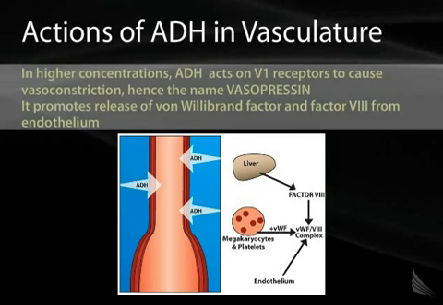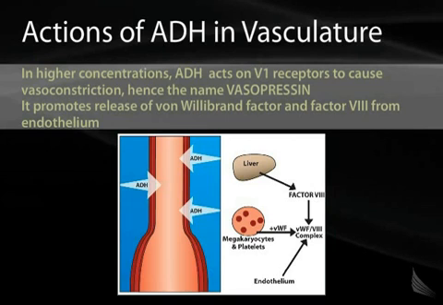ADH is also called vasopressin, as I mentioned earlier, because of its actions besides the kidney, also in the vasculature. So instead of acting on the V2 receptors, which are the major receptors in the kidney, there are V1 receptors that are specifically located on the vasculature. Hence, the binding of ADH to V1 results in vasoconstriction, and hence the name vasopressin.